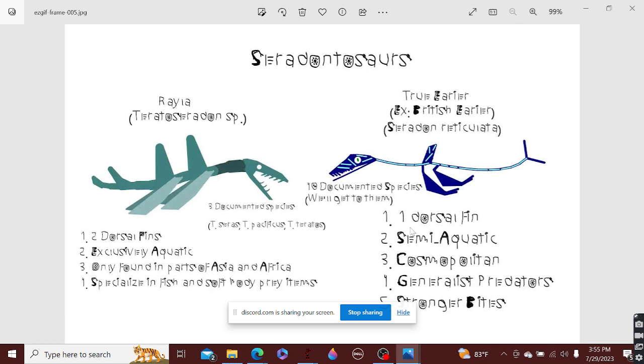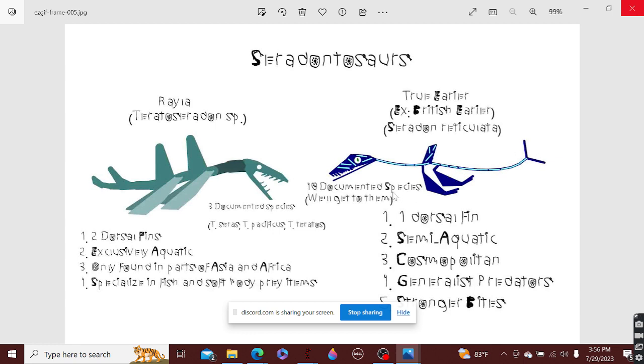Eariers have one dorsal fin, as you can see here. Semi-aquatic, they're a cosmopolitan group, with the exception of the I Peninsula, Barra, Neo-Atlantis, and Massachusetts.